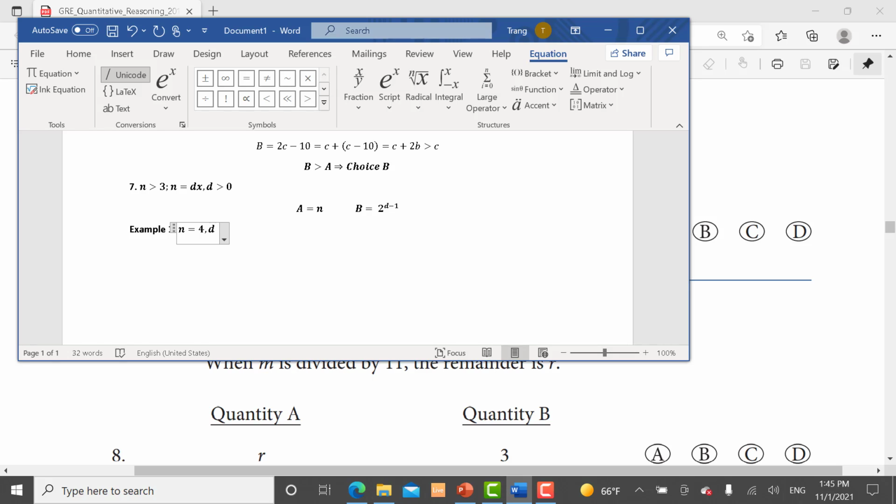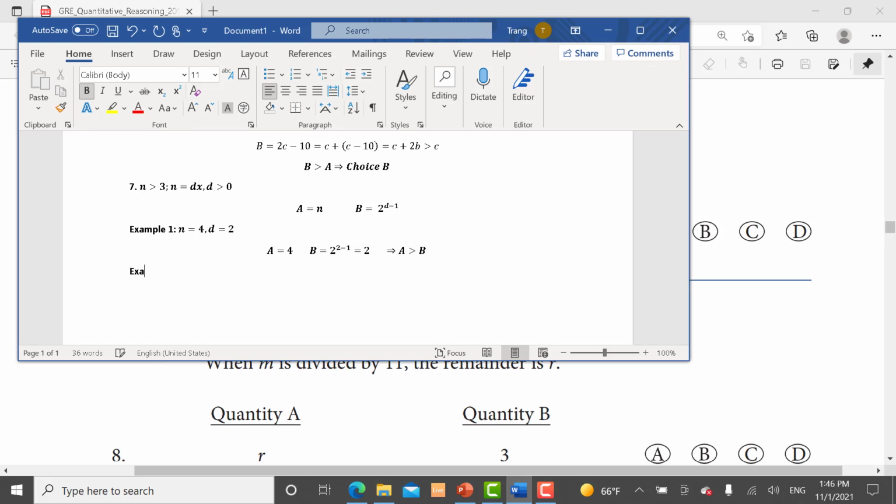So I'm going to use d to be 2. So from here, I have A is equal to 4 and B is equal to 2 to the 2 minus 1, which is equal to 2, leading to the fact that A is obviously greater than B.